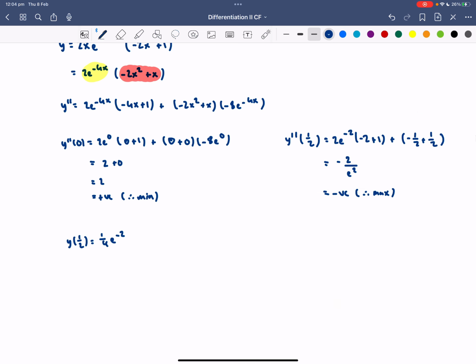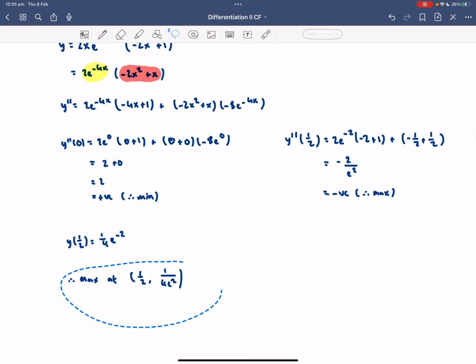Alrighty, and therefore we can basically say there is a max at x equals half, and then we simplify this to 1 on 4e squared. Okay, there is a max at this point here.